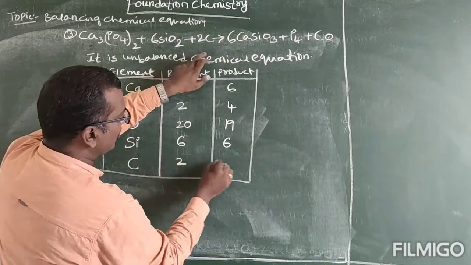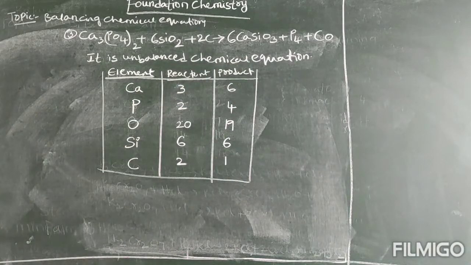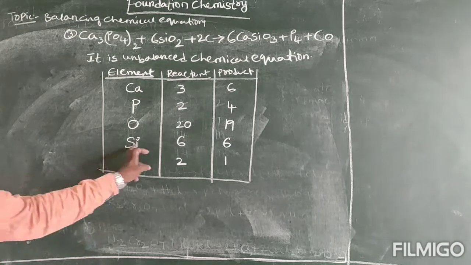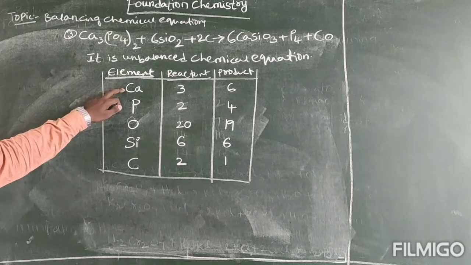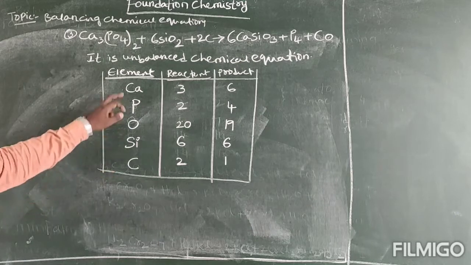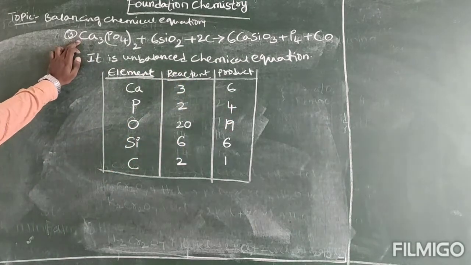Carbons, here we have 2, there we have 1. So in this, which one is having the highest atomic number? Silicon, balanced one. Next, what do we have to do for calcium? Here 3, here 6, means we have to multiply this with 2.